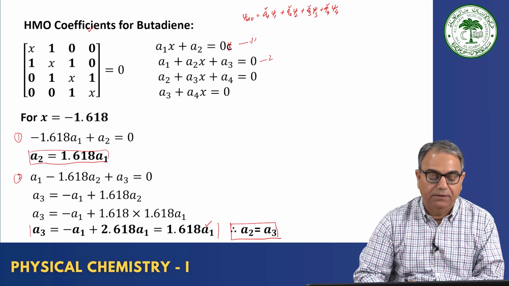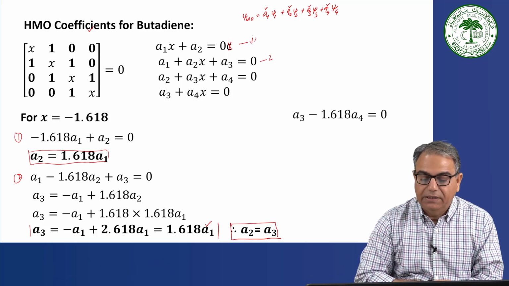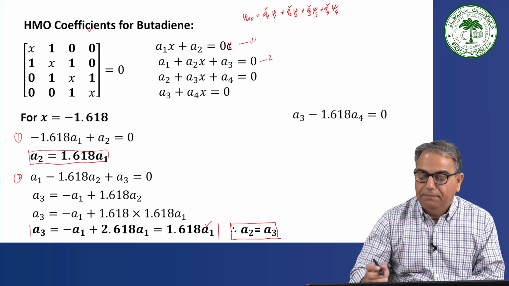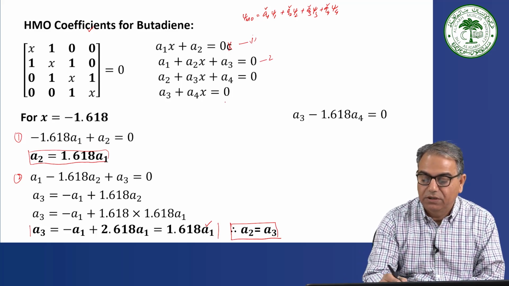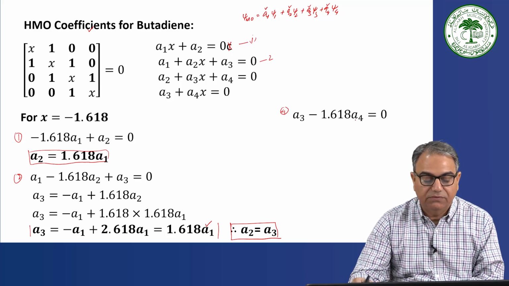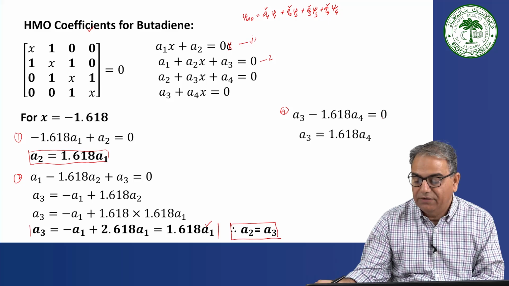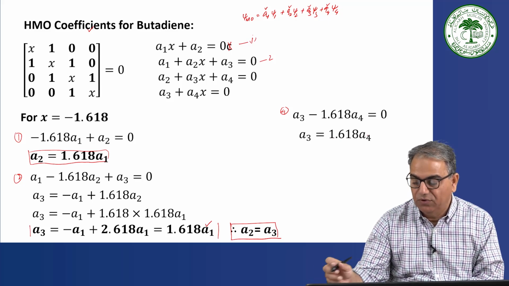Now we write, from equation number 4, this is your equation number 4, A3 minus 1.618 A4 equal to zero, and so A3 is equal to 1.618 A4.